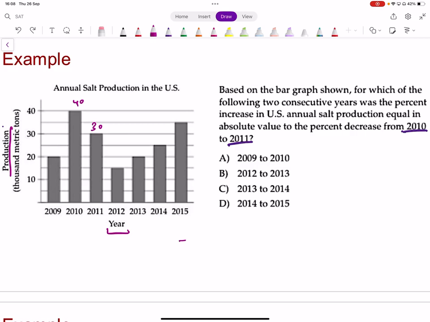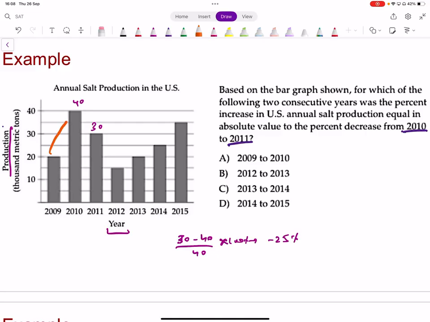So 30 minus 40 divided by 40, right? The starting point is 40, into 100%. What do you get from that? 25%. So the decrease is 25%. Between which 2 years is the increase also 25%?